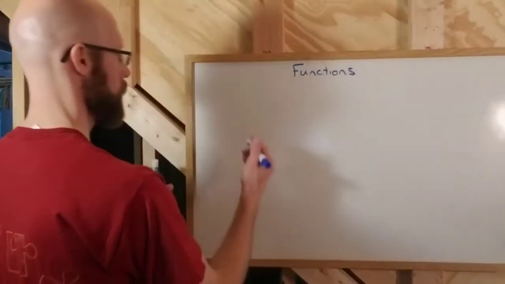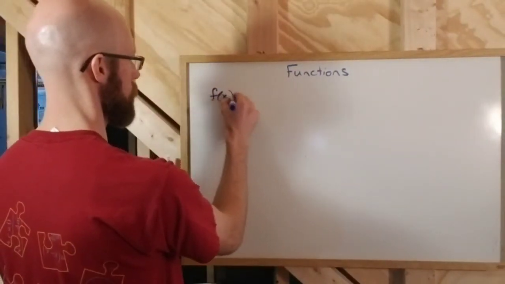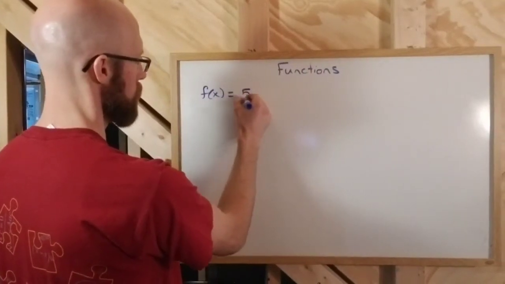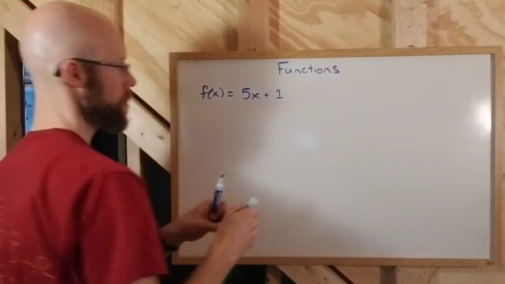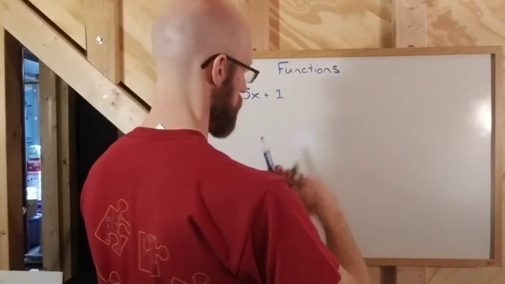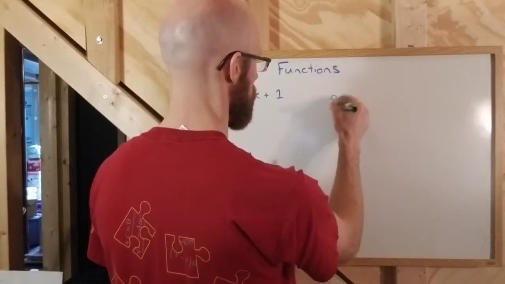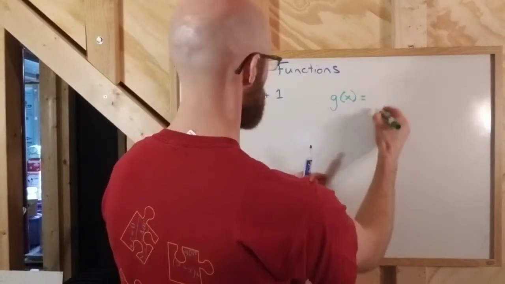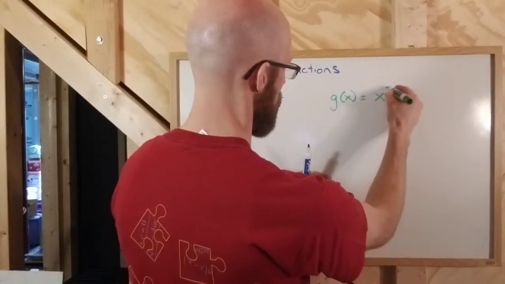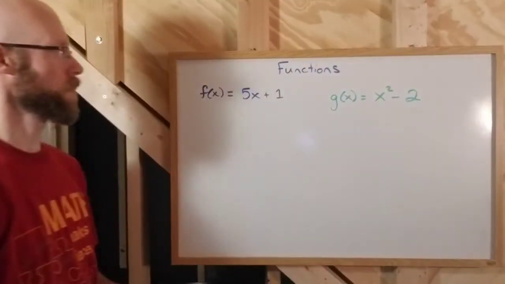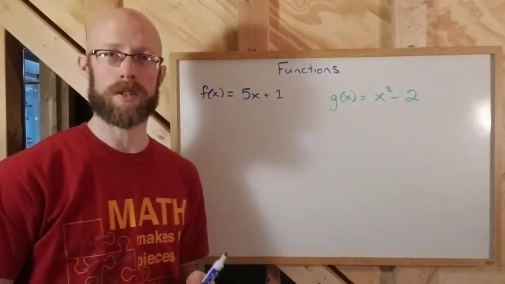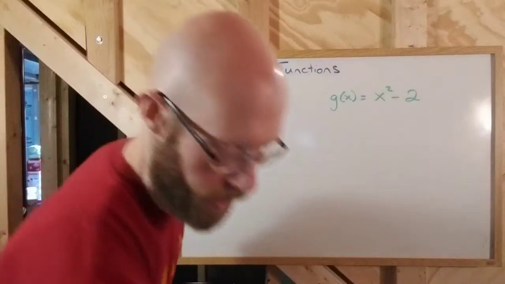Let's take f of x to be 5x plus 1, and let's take g of x to be x squared minus 2. All right, and so here we can do some combining.